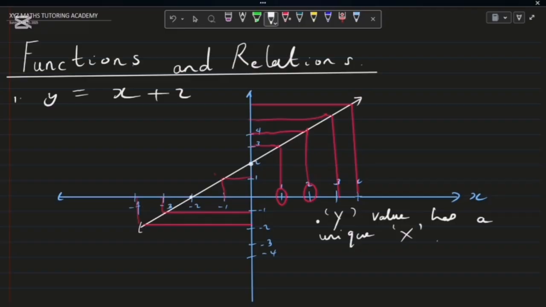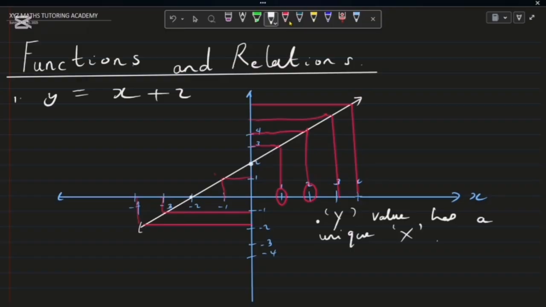Because of this, this straight line graph is a function. What is a function? A function is a graph whereby each y value has a unique x value. What we don't want is two y values to have the same x value. If that happens, then we know that graph is not a function.